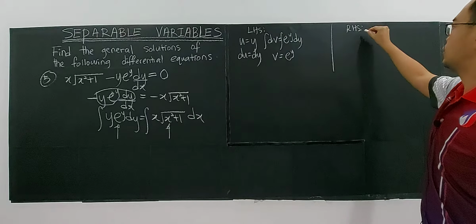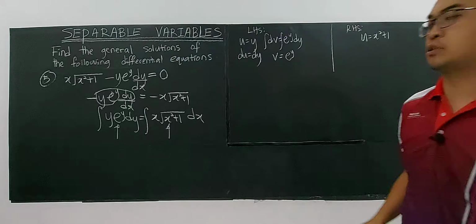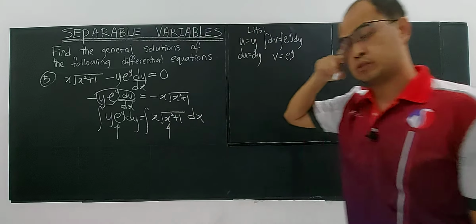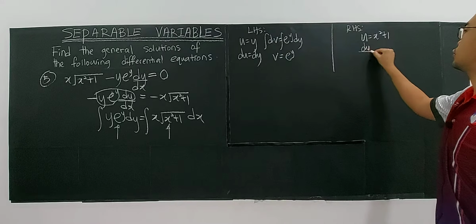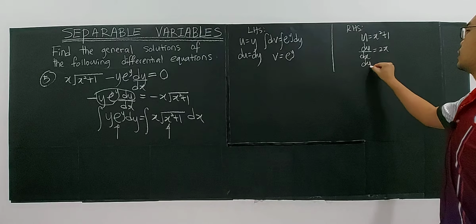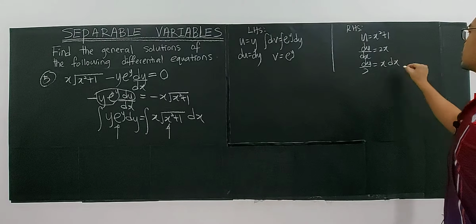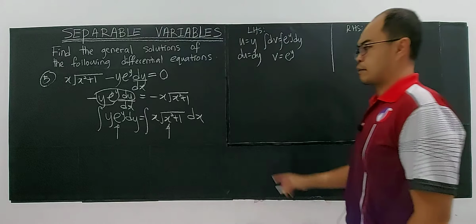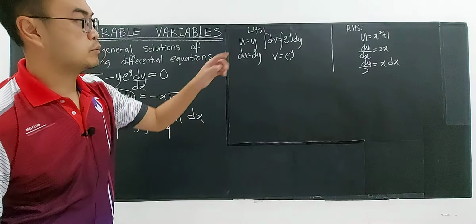I will choose u to be x squared plus 1, the correct substitution. Because when I differentiate I get 2x, so du over 2 equals x dx, right? So that all the variables here can be converted into u.